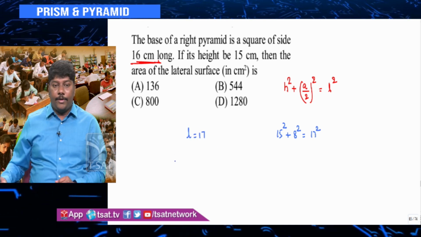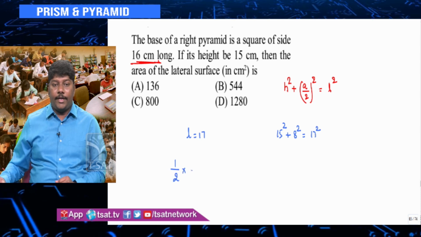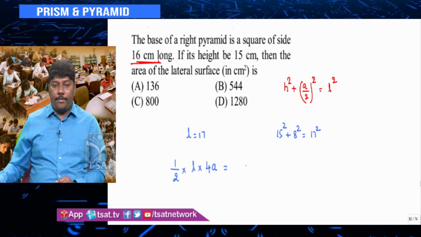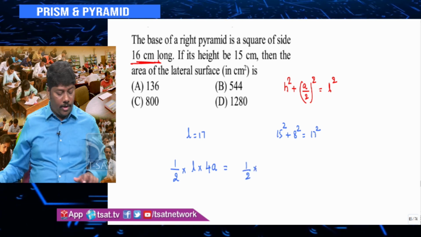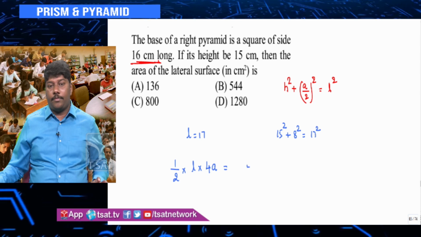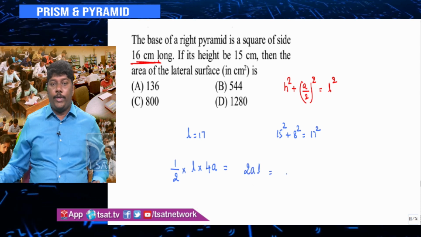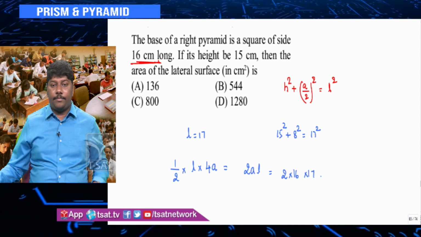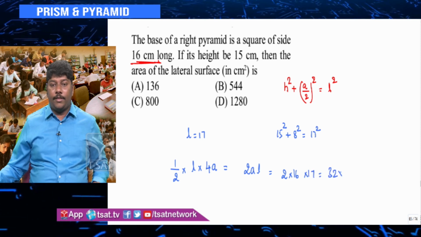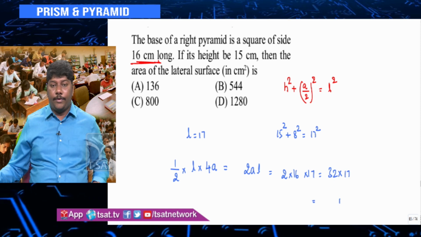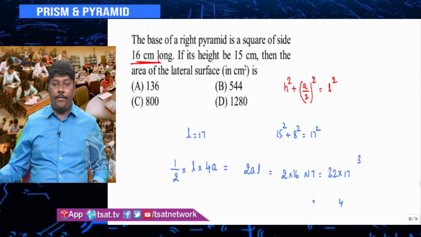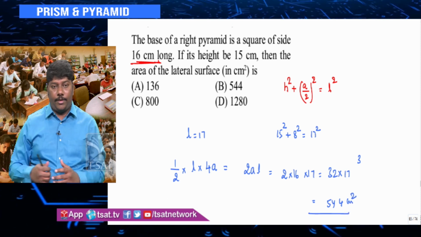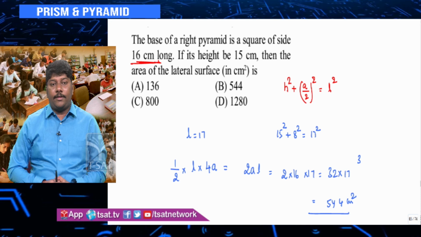If slant height is 17, we know half into slant height into base perimeter, or else you can say 2aL. 2 into a value 16, L value 17. 32 into 17 is 544. So 544 centimeter square is the lateral surface area.